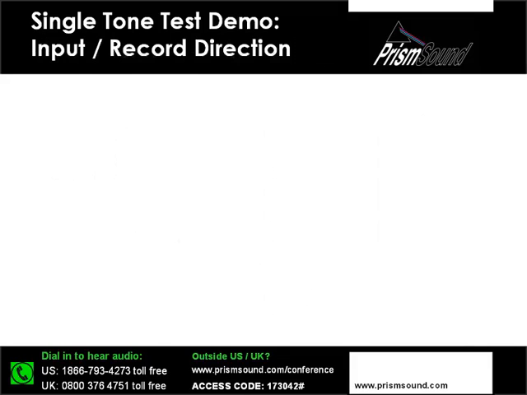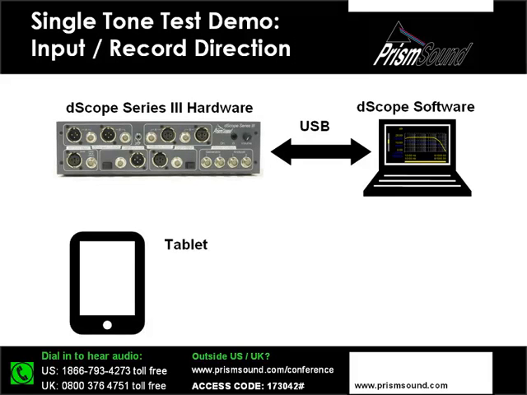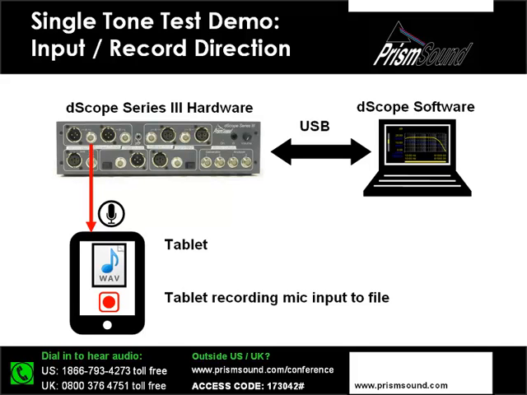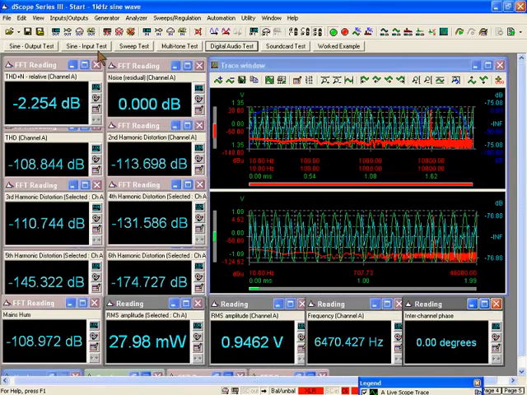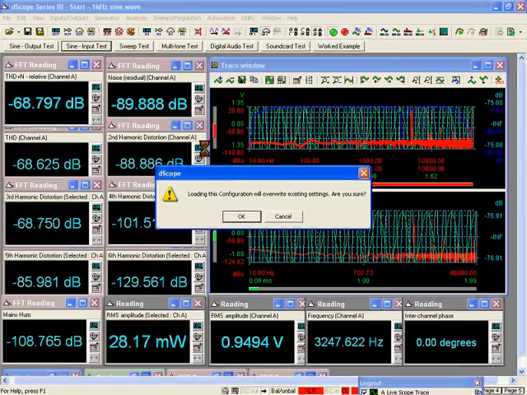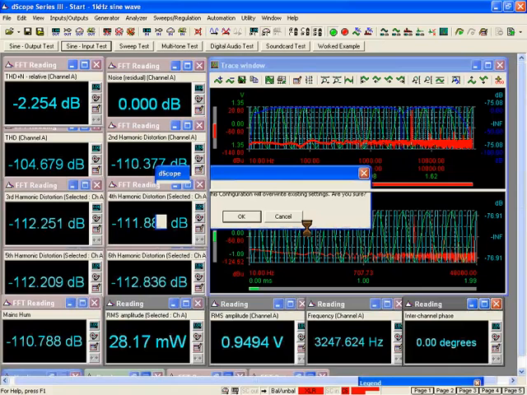So how would we analyze that? Well, as I explained earlier, we take our playback device here and connect the generator from, in this case, the Dscope 3 hardware, and we record a WAV file on this particular device. I have done that recording offline. I'm just going to jump to a new test setup here that's all ready to do the analysis for me.